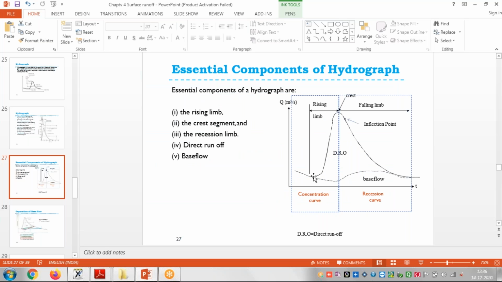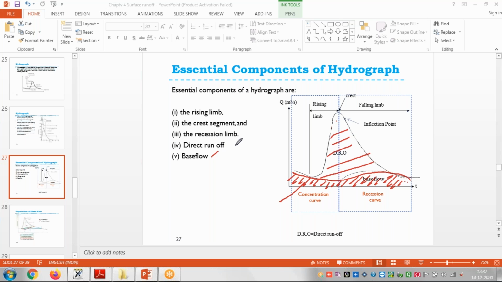So in the hydrograph, you will see that this much portion is neglected, meaning it will not participate in the runoff, right? It will go directly down into the soil. Then the remaining portion, which is here, is flowing, right?